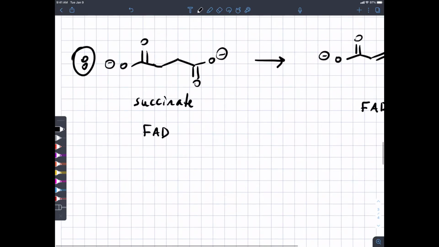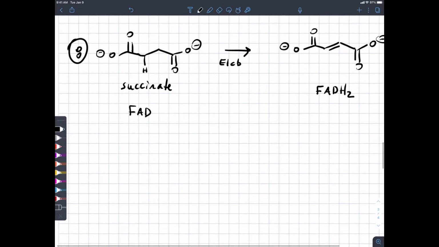So the way this happens is it's an E1CB style mechanism. We're going to remove a proton, remove an alpha proton to get an enolate.